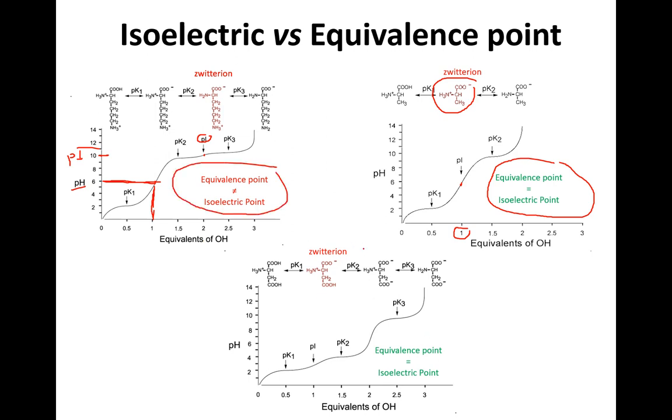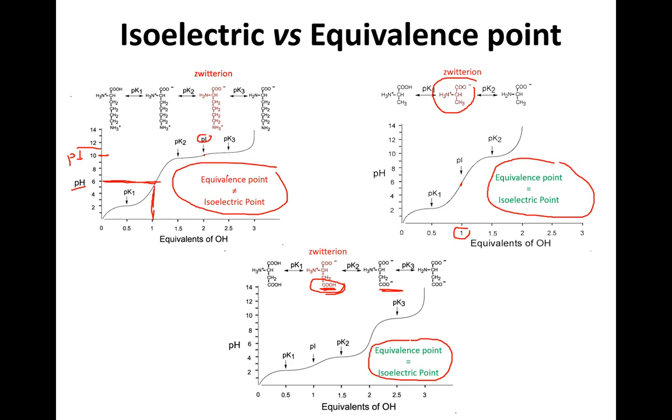Sometimes, for some amino acids, like glutamic acid or aspartic acid, because the carboxyl group starts from a neutral, not a charged position, and then loses the proton afterwards, in this case the equivalence point and isoelectric point will coincide too. But again, by definition, they're two completely different things. The values might or might not coincide.